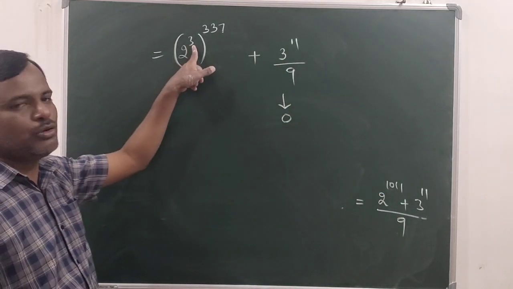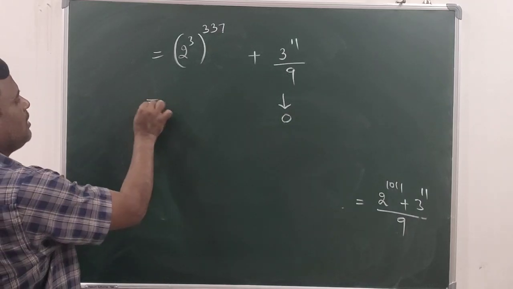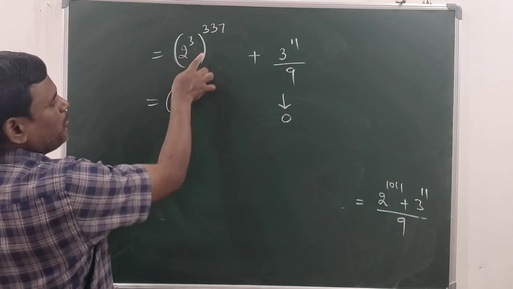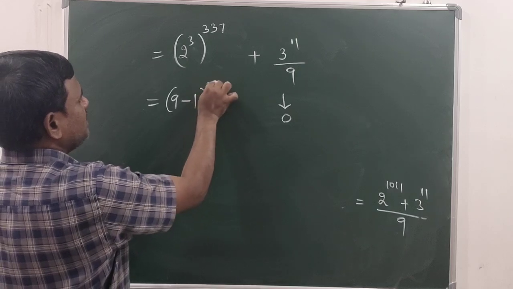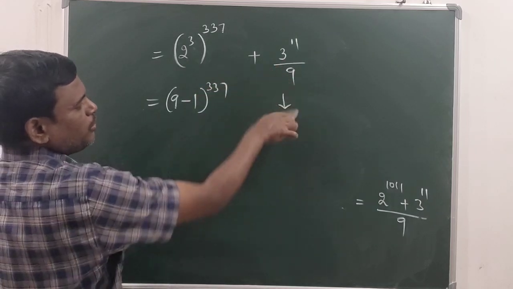Why did I write 2 cube? In the next step, 2 cube is 8, and 8 I would like to write as 9 minus 1, whole power 337. So here you got remainder 0.